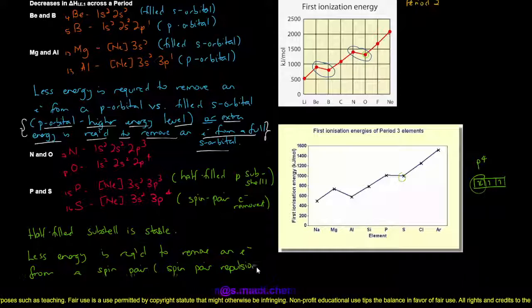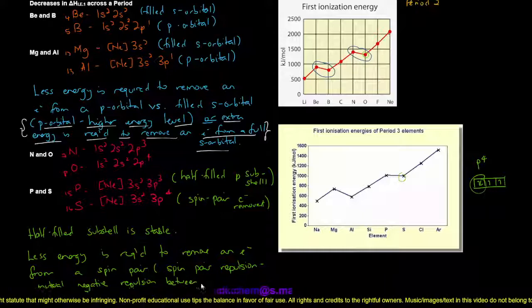Now I'll explain what spin pair repulsion means. It refers to that mutual negative repulsion between electrons, or mutual negative repulsion between an electron pair. Where we have a spin pair, it took energy to put the 2 electrons of opposite spins together.